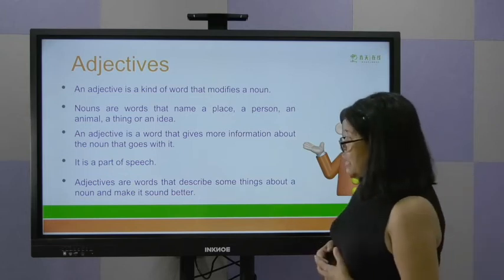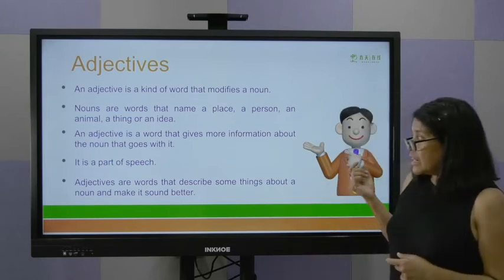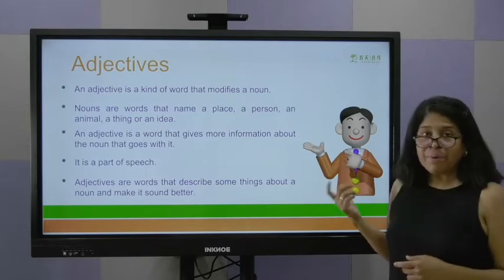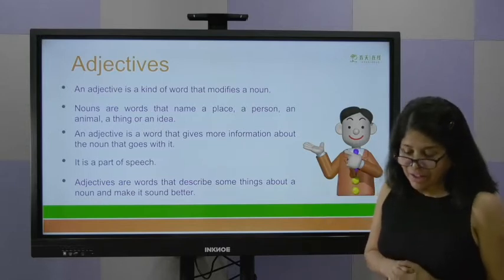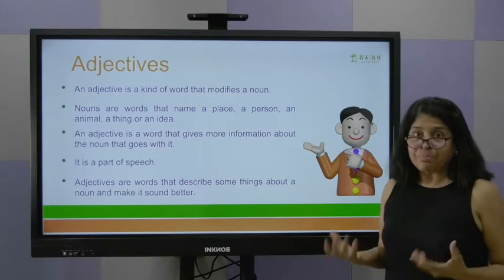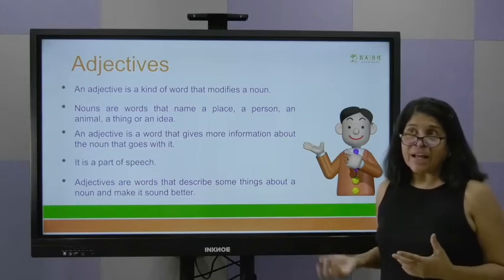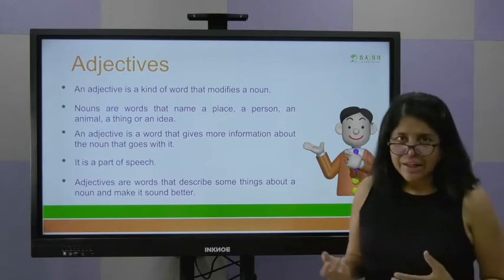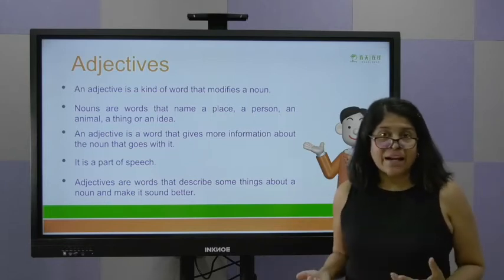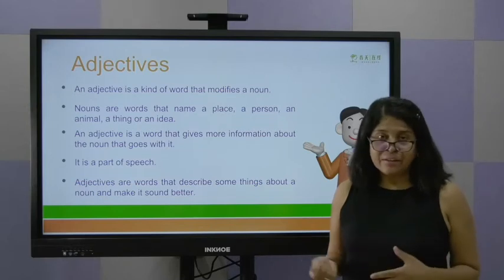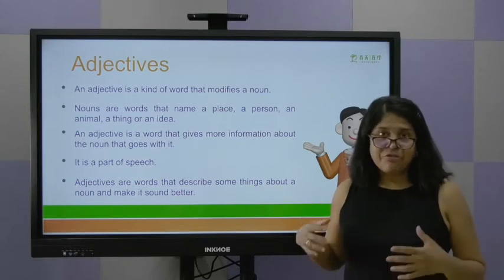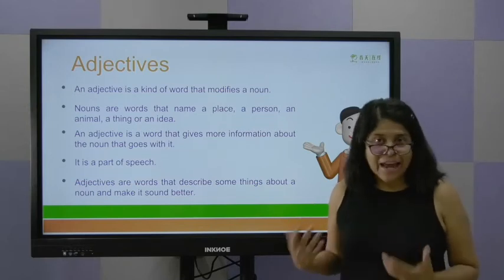So next we have adjectives that form part of a speech. When you speak and you say something like, I have a cat, and then you say something like, I have a big, fat, fluffy, gray cat.